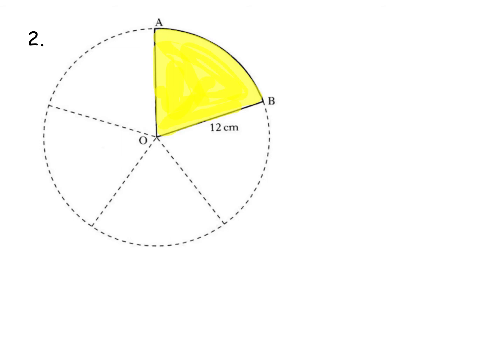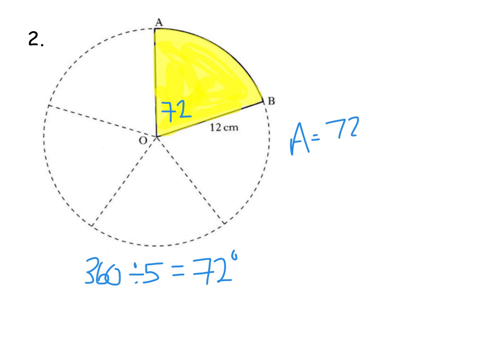But what we can see is this is a full circle. And we know a full circle is 360 degrees. This has been split into 5 sections. So 360 divided by 5 is 72 degrees. So that angle in here is 72. So my area is my angle of 72 over 360 times pi.